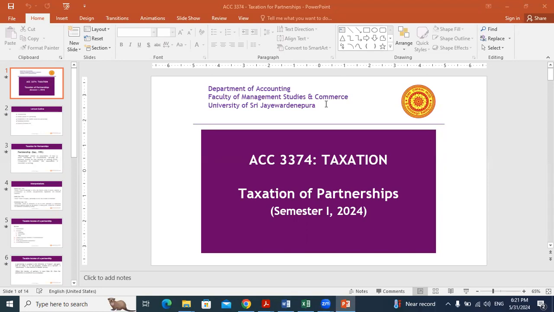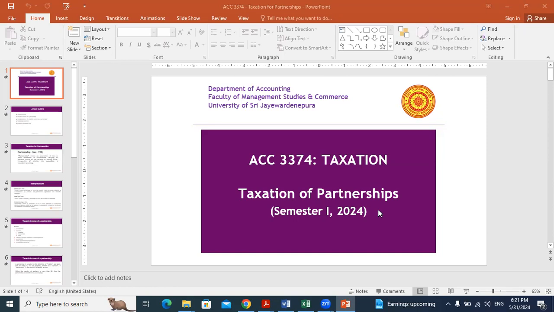Sometimes this also would join with us, but anyway, we'll continue the session. Today, our plan is to discuss the taxation of partnerships. The basic background of the partnership, how the accounts are prepared, and things like that.